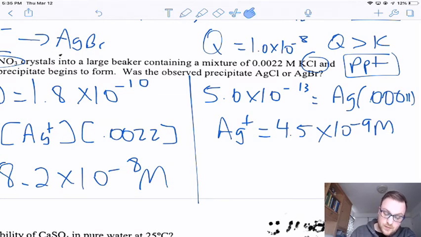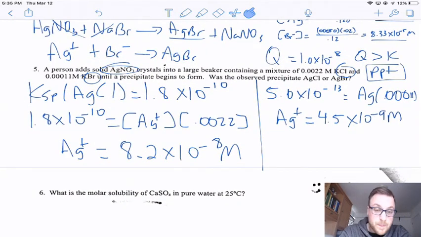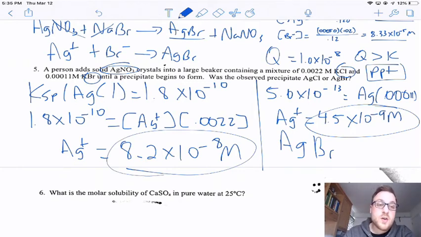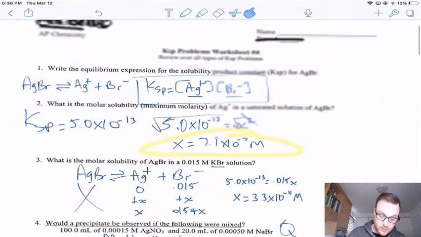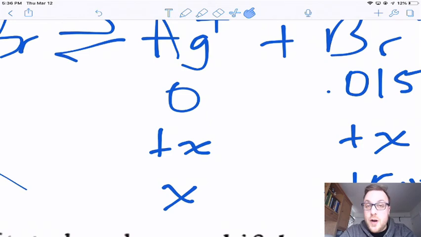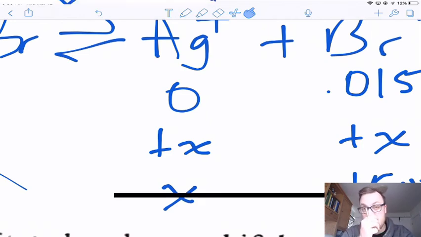So we have to figure out who will precipitate first. I would say that the AgBr would precipitate first because this number is smaller than the concentration of Ag+ in regards to AgCl. If we think about both of them reacting, we think about an ICE table. Silver is going to start at a concentration of 0 before you reach equilibrium for both of these.